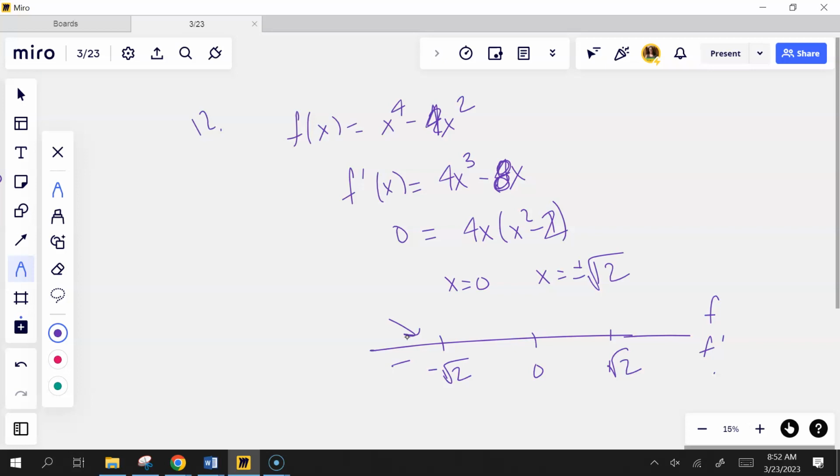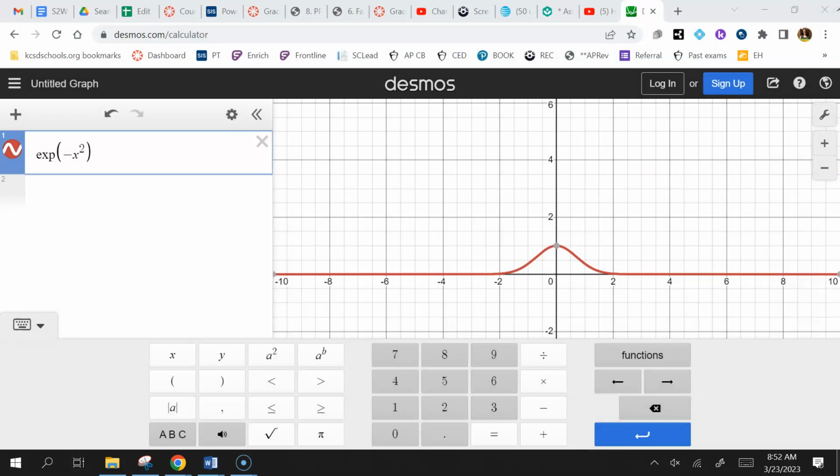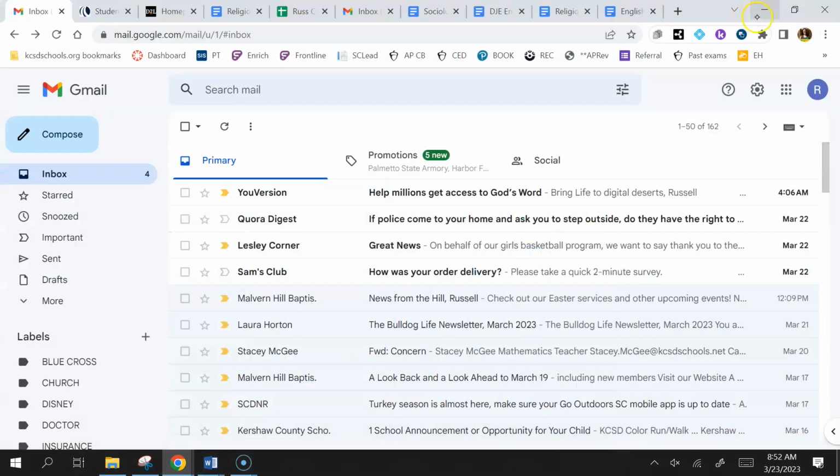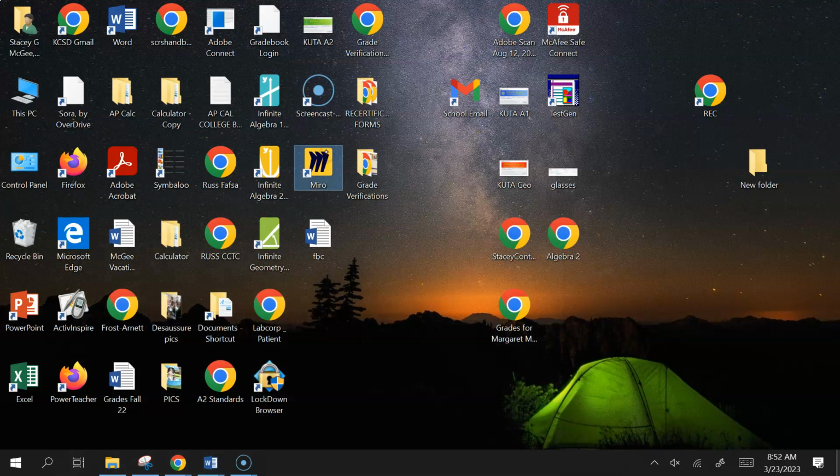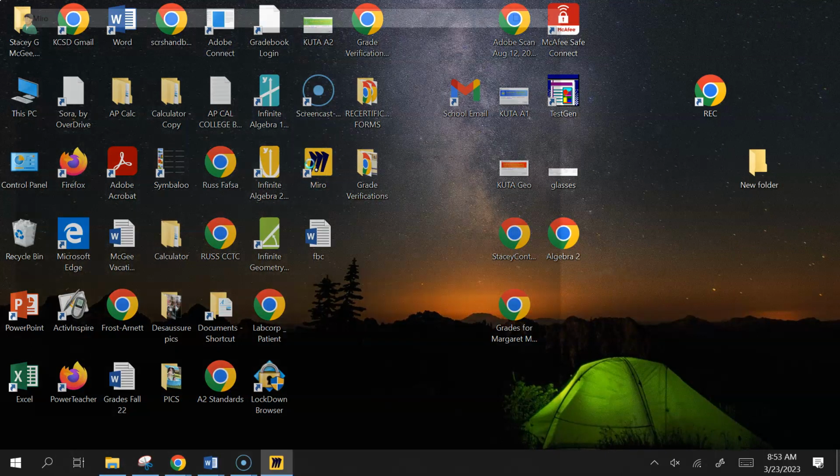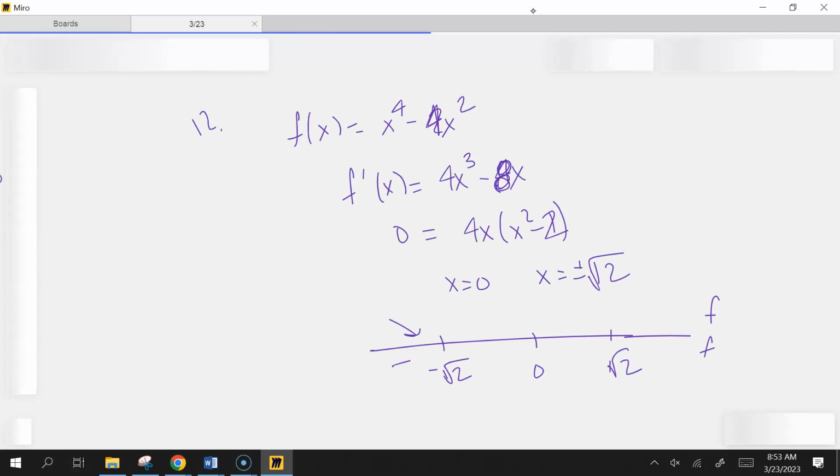So if I plug in -1, that would be -4. Okay, so I'd get -4.